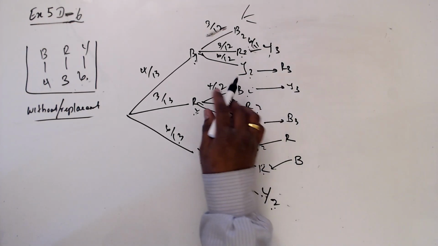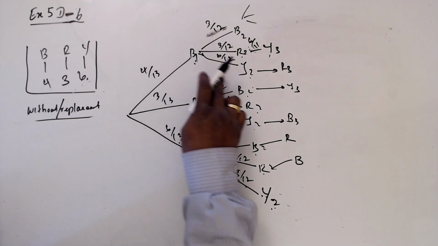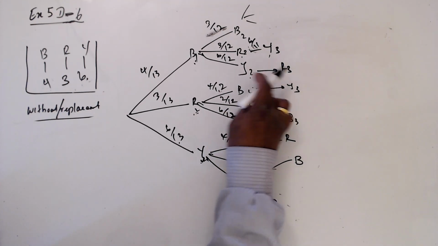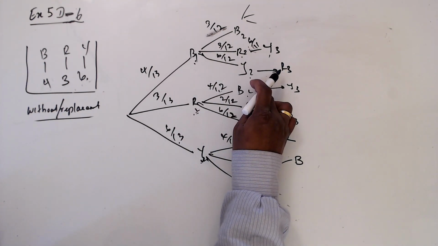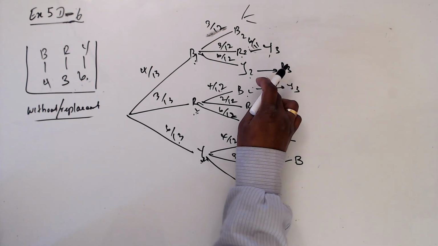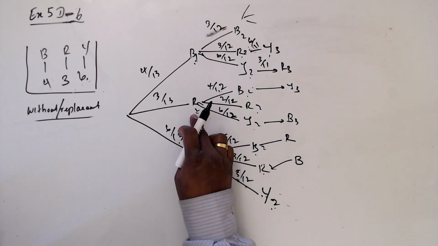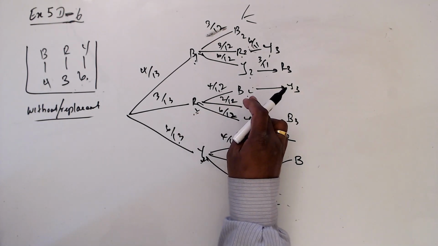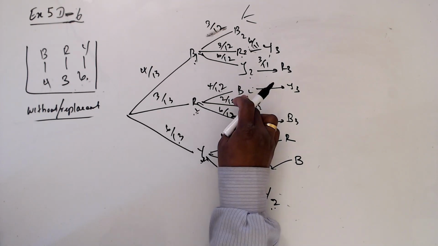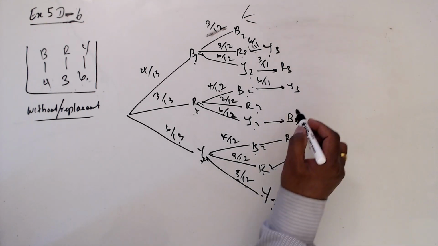And here blue one is missing and yellow one is missing, but red one is not missing when you come in this direction. So the red one is still there, that is 3 out of 11. Here red one and blue one are missing, yellow one is still there, 6 out of 11.